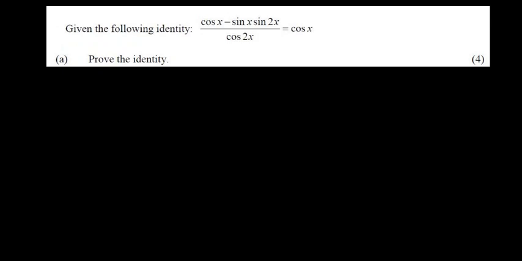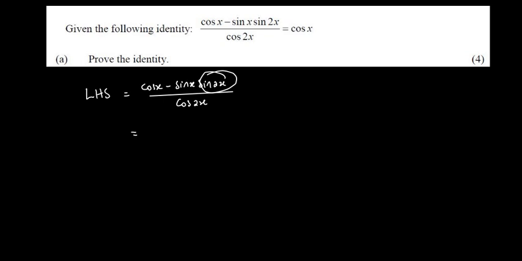So now the left hand side, good people, is more juicy, so we're going to work with the left hand side first. You say cos x minus sine x, sine 2x, all divided by cos 2x. Already you have sine 2x again.